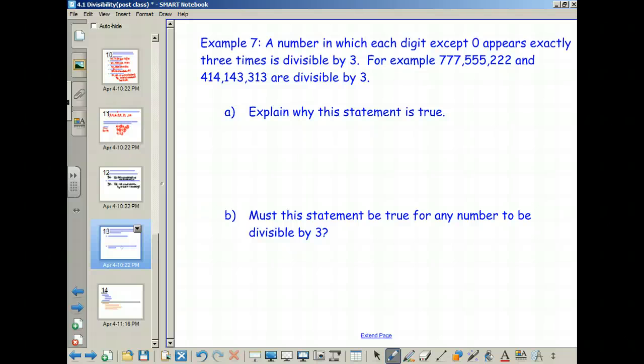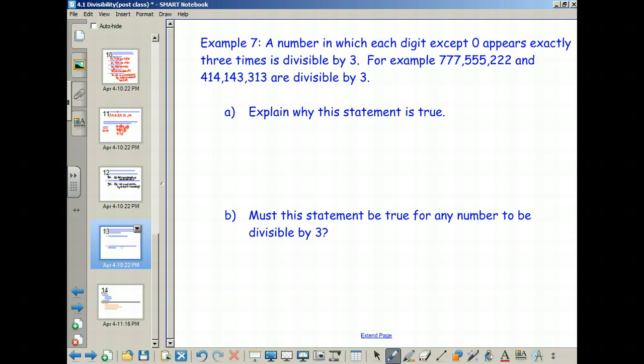So do you understand the description that they gave you? Every number that's in there is there three times. So it's easiest to see in the first number, right? There's 3 7s, 3 5s, 3 2s. Okay? But they don't have to be in order. It doesn't have to be grouped that way.